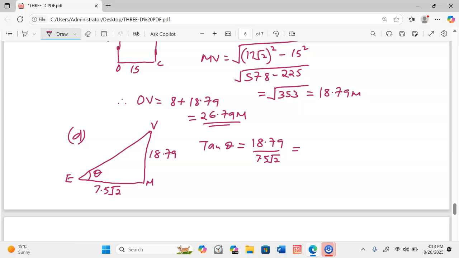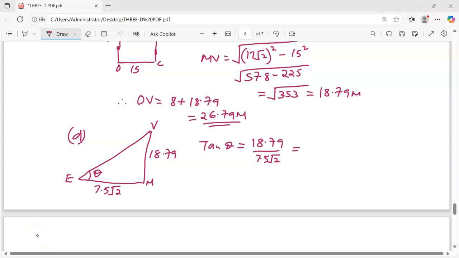This is going to give us 1.44. Now if you take the tan inverse of 18.79 divided by 7.5 root 2, then the value of theta will be equal to 60.56.